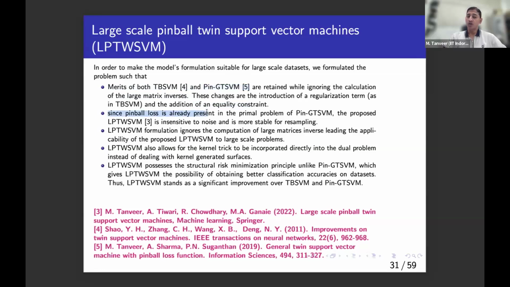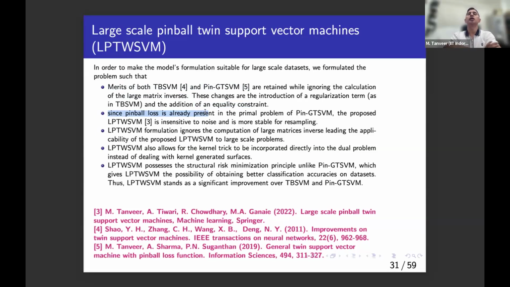Since pinball loss is already present in this formulation, our proposed formulation is insensitive to noise, and it is more stable for resampling. This is the property of the pinball loss function, that it is insensitive to noise and more stable for resampling.